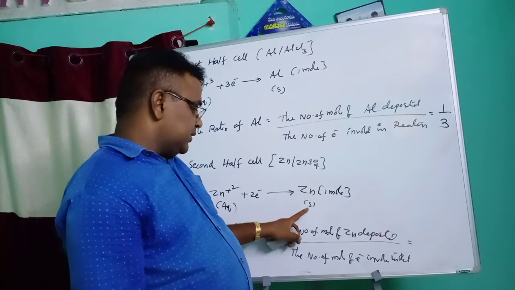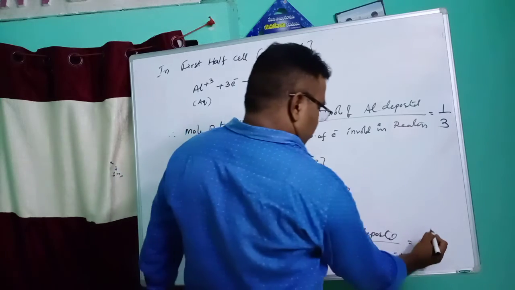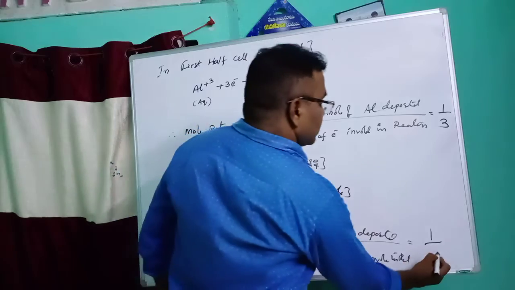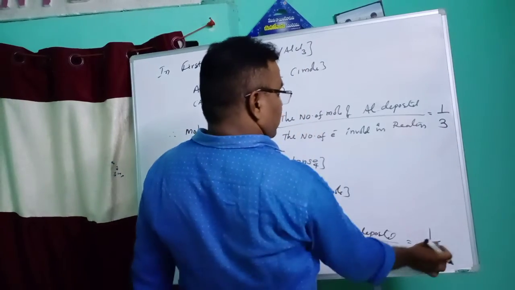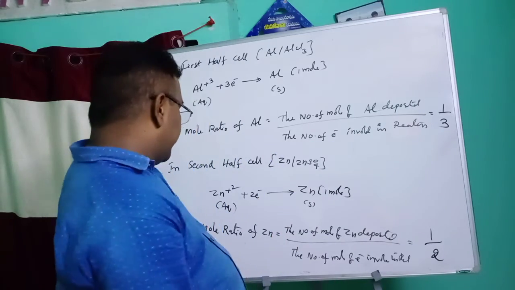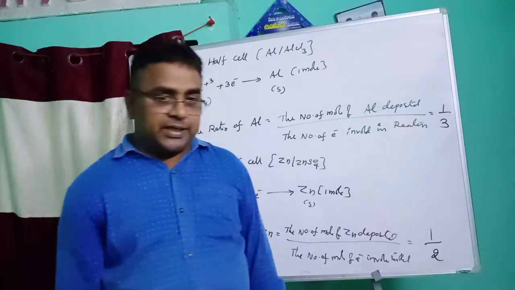The number of moles of zinc deposited is 1 mole, and the number of moles of electrons involved is 2 moles. The mole ratio of aluminum is 1 by 3. The mole ratio of zinc is equal to 1 by 2.